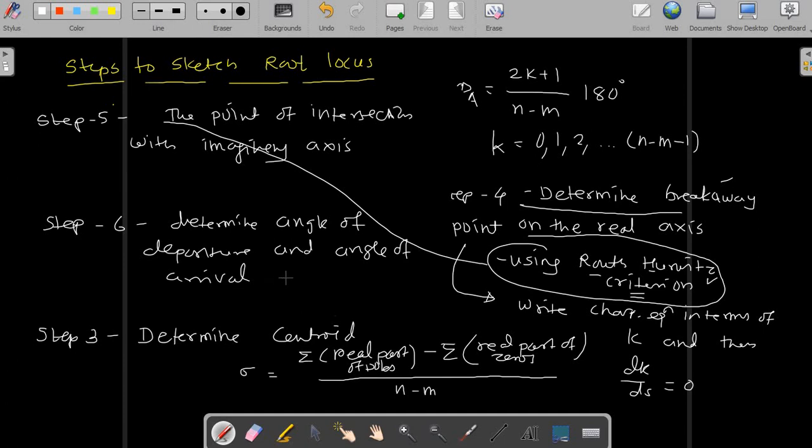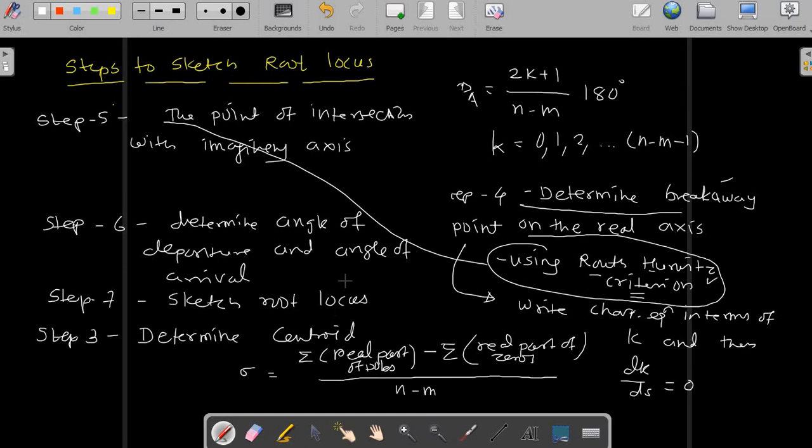Angle of departure is for the complex poles, and angle of arrival is for the complex zeros. So that we need to determine. And the last step is step 7, sketch the root locus.